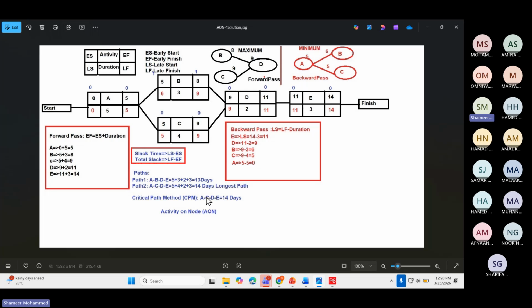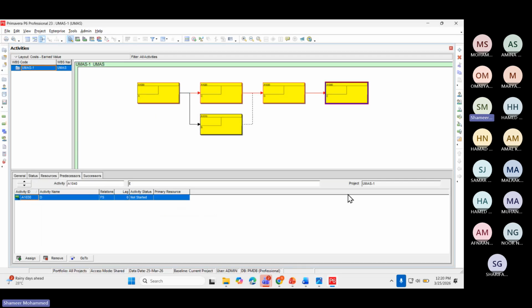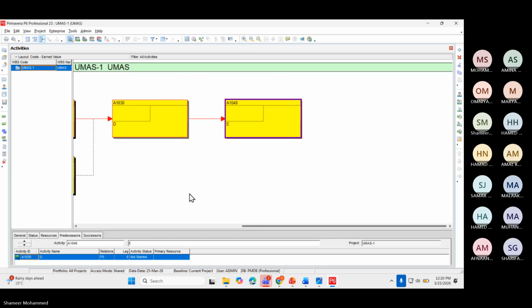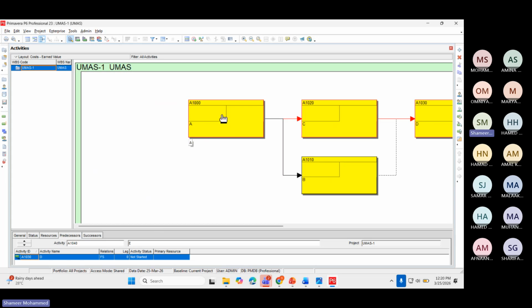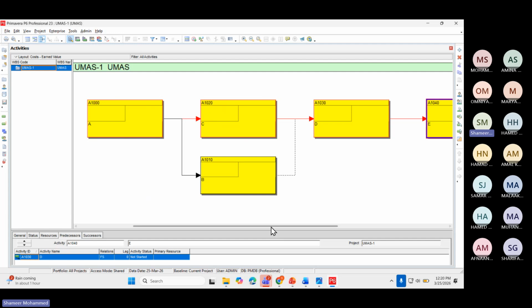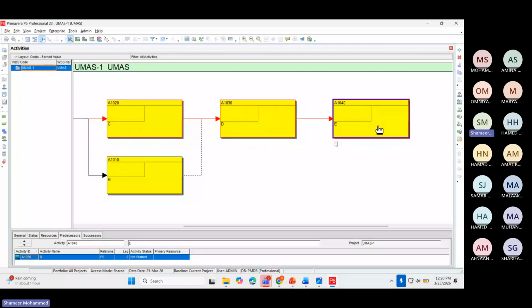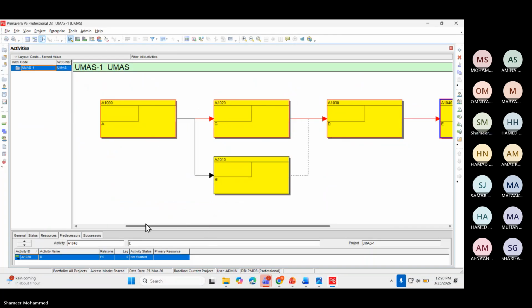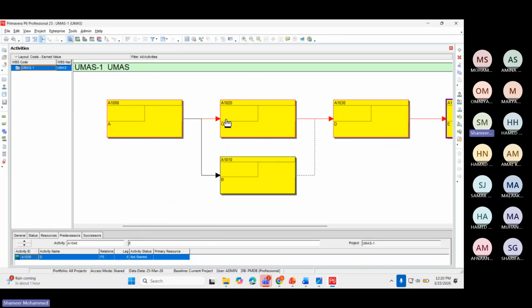See, A, C, D, E. Now here you can see in the red color, zoom it. This is activity A, then activity C, then D, then E. So that is what you have, no? A, C, D, E, right? A in red color, C, D, E, red color.